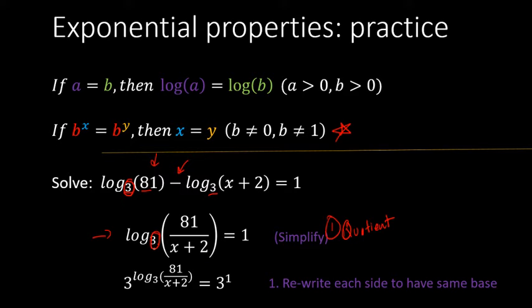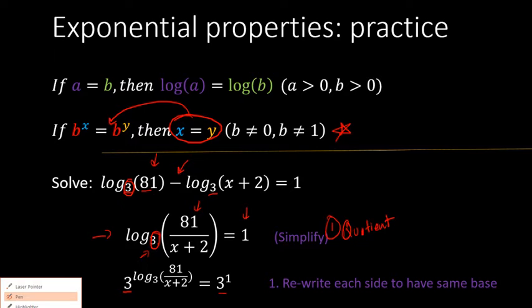And my base remained 3 in this step. So I said, you know what? I've got this logarithm with this base 3. Here's what I'm going to do. I'm going to treat this log base 3 of 81 over x plus 2 equals 1 as kind of like my x equals y statement. And I chose a base of 3, and I turned both of these expressions into exponents, okay? Just like saying, well, if x equals y, then b to the x equals b to the y, right? So that's what I've done here.